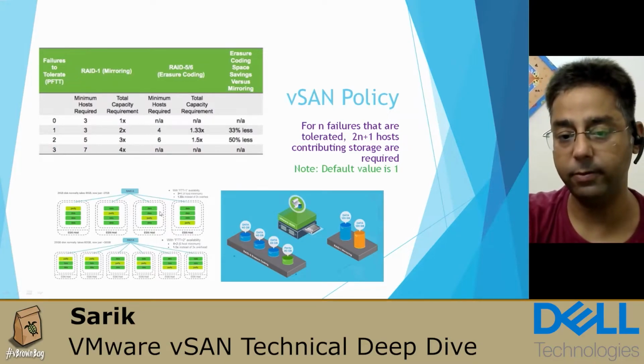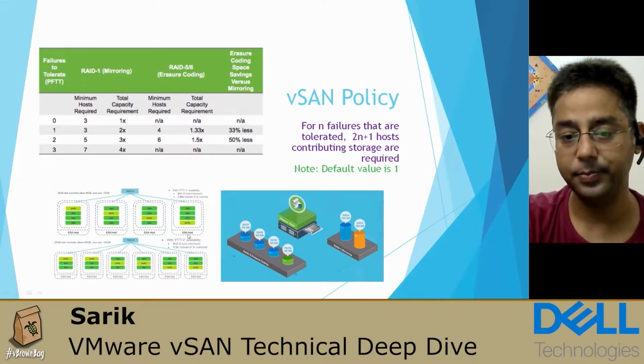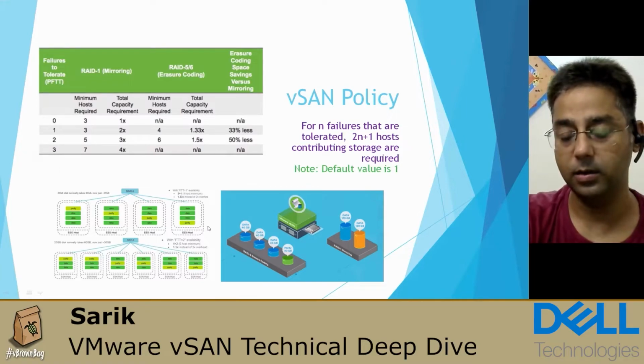For RAID 5, we need a minimum of 4 ESXi hosts, as we can see in this slide on the left side. It will have replicas across 4 different nodes, so if one host goes down or fails for some reason, we will not face any issue, because it will tolerate the single failure.